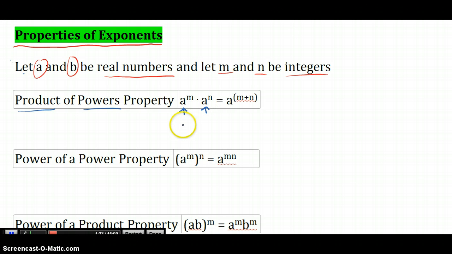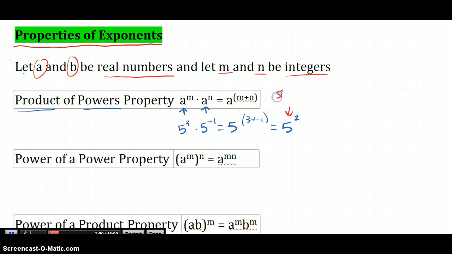So for example, if we had 5 to the 3rd power times 5 to the negative 1 power, we have the same base here. So what we can do using this product of powers property is take your base, which is 5, and then you're going to add the exponents. So you're going to do 3 plus a negative 1, which is 5 squared.